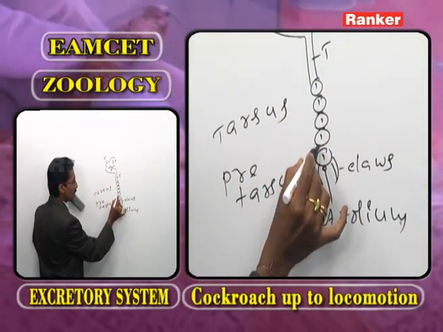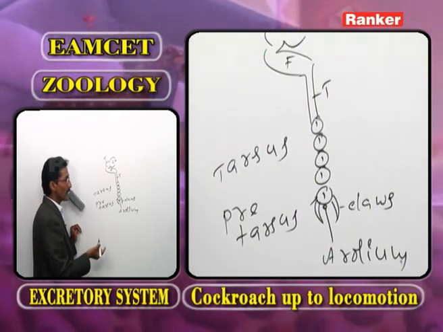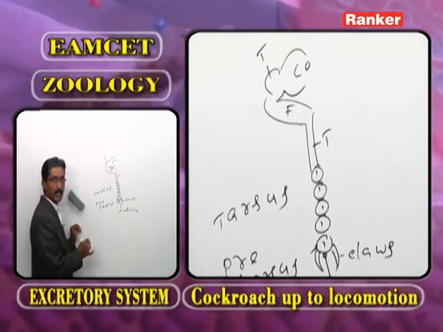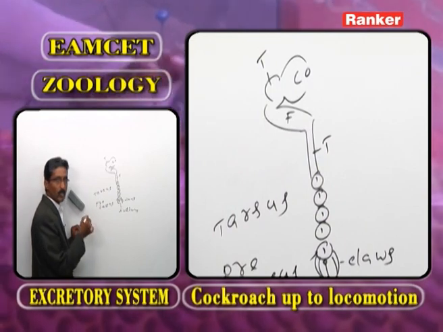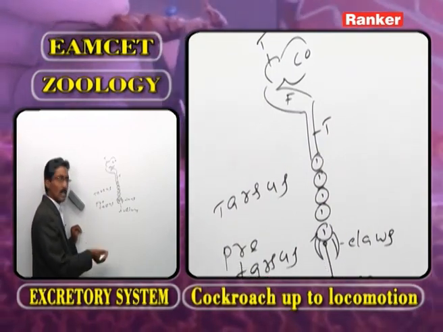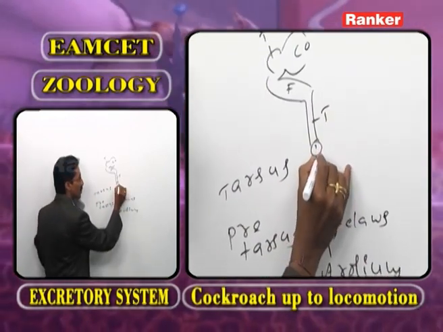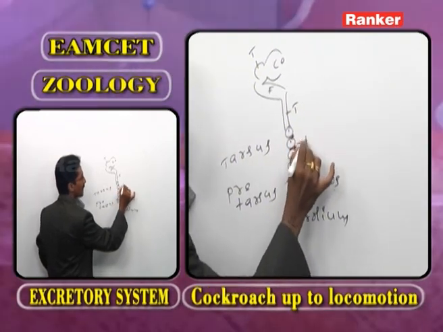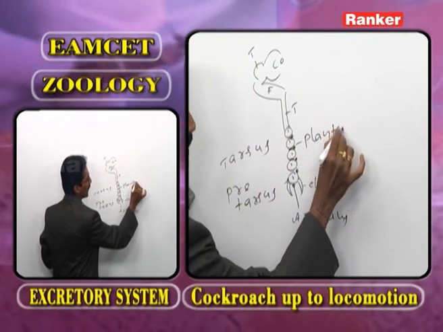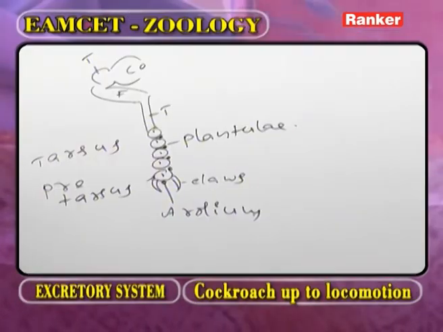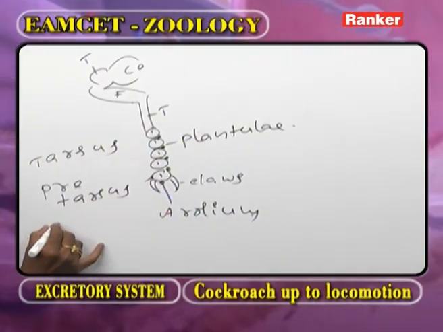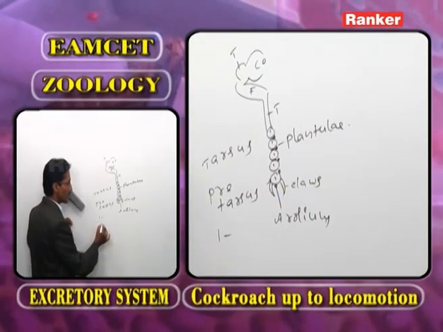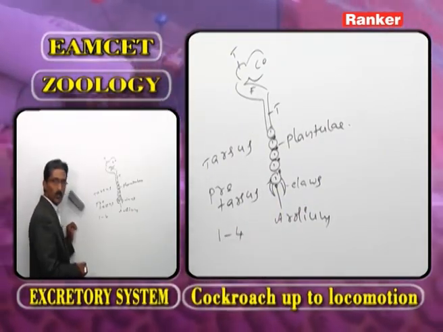Now as we observe tarsomeres, on the lateral sides or between tarsomeres or on the ventral side of tarsomeres, a small bed-like structure is present called plantulae. Now this is one leg. In each leg, how many plantulae? 4.